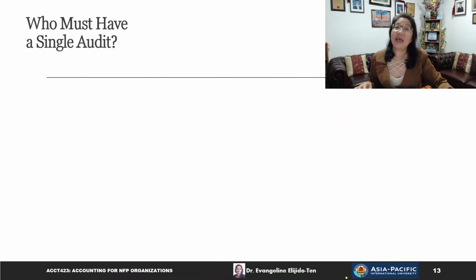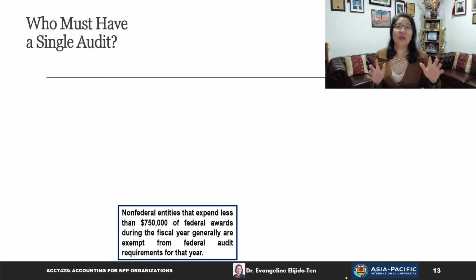So who must have a single audit? Before we start with who should have a single audit, let us look at who must not have. All right? So non-federal entities that expend less than $750,000 of federal awards during the fiscal year generally are exempt from federal audit requirements for that year.